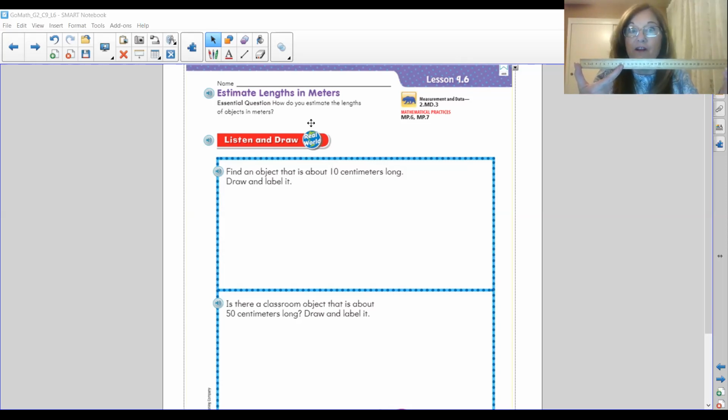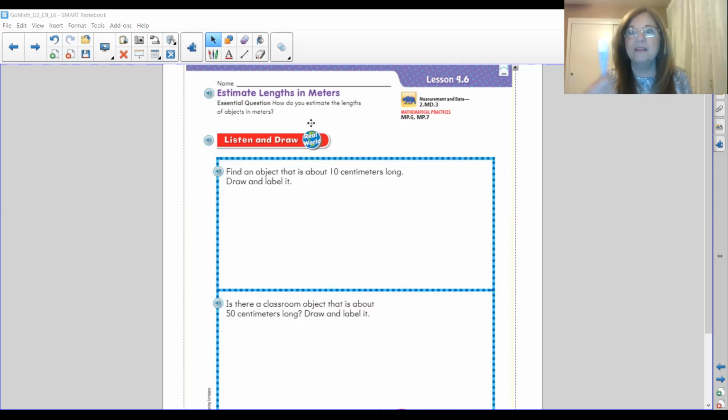It's not very long. Now, for your fingers, you might have to stretch your fingers out to make 10 centimeters on a little hand. But on my hand, this is 10 centimeters, and I've actually gone around my house and looked for a few things that might be about 10 centimeters long. It doesn't have to be exactly, but I'll show you some things that are 10 centimeters.